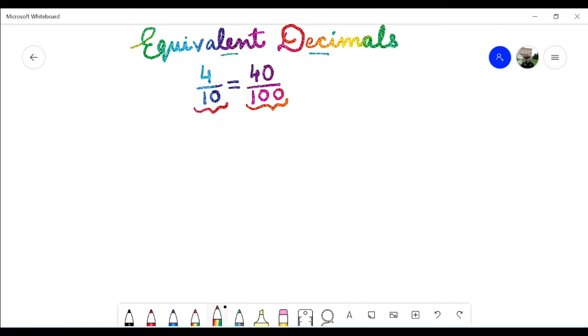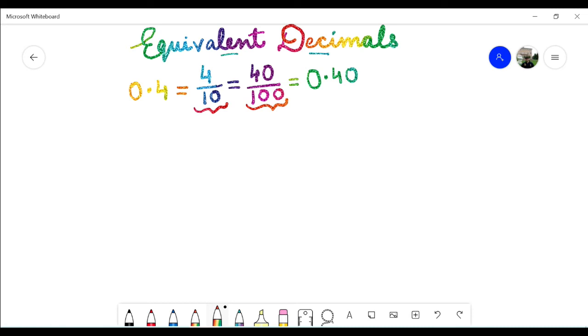Now let us change 4 upon 10 into its decimal equivalent. That would be 0.4. And decimal equivalent of 40 upon 100 would be 0.40.